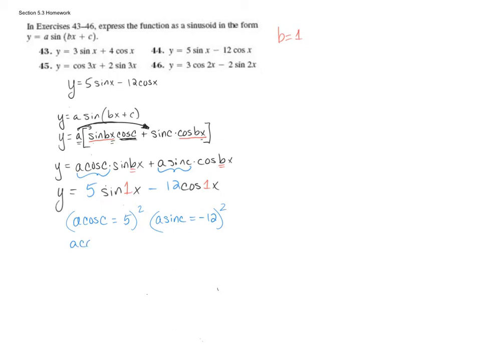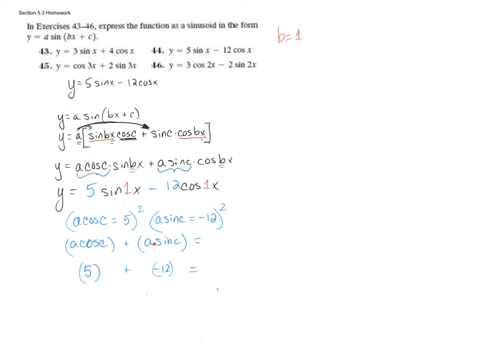A cosine C, which I know to be 5, and A sine C, which I know to be negative 12. If I square these quantities, I should get the same result. A cosine C is the same as 5, and A sine C is the same as negative 12.